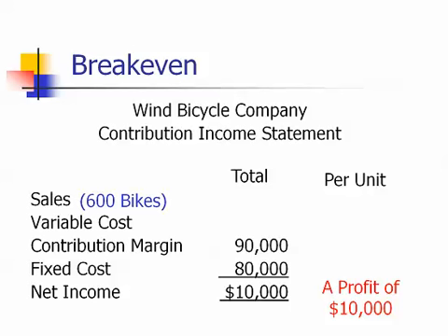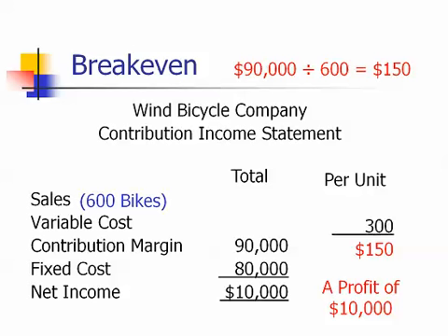The question then becomes, if we plan on selling 600 bikes, what contribution margin per bike must we earn in order to generate a total contribution margin of $90,000? We find our answer by dividing the $90,000 by 600 bikes. Wynn must earn a contribution margin of $150 per bike to achieve a $10,000 profit. Since our variable cost per unit was $300, Wynn must set a selling price of $450 to achieve its goal.